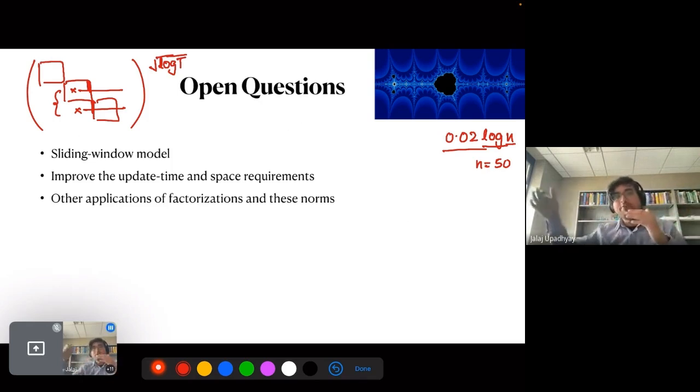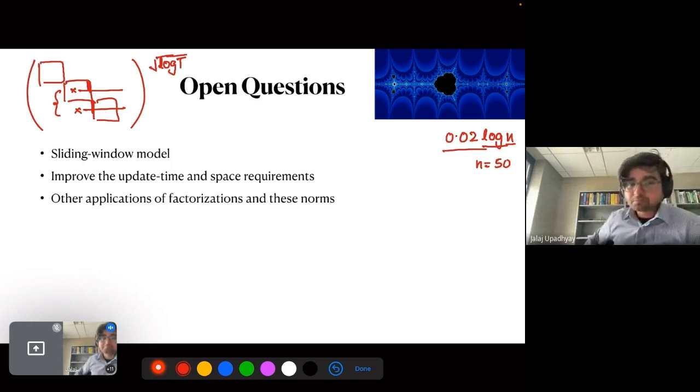And if you have to do it for every coordinate, it adds up. So I think it does matter to get the update time. Can we get the update time, even in the worst case, to be log n, while ensuring that my error still goes smoothly, more or less, and has non-asymptotically less error?